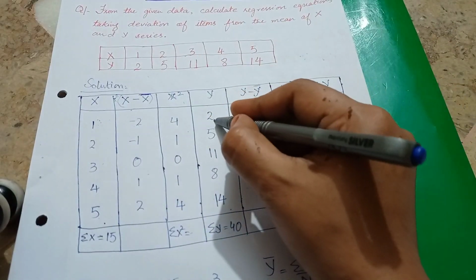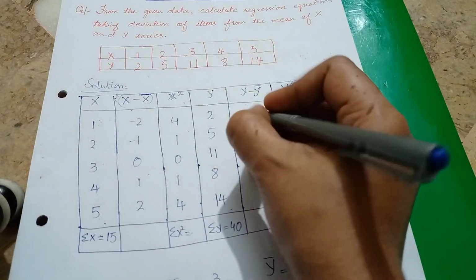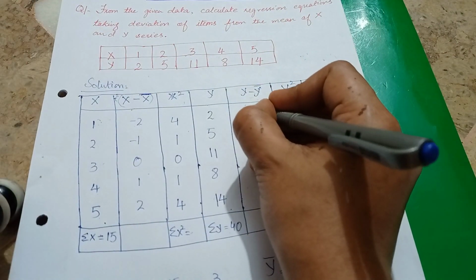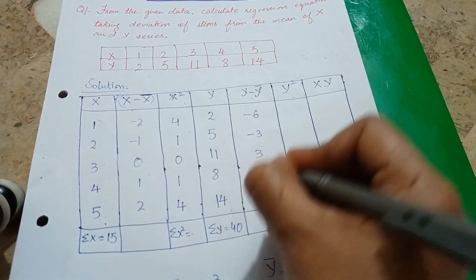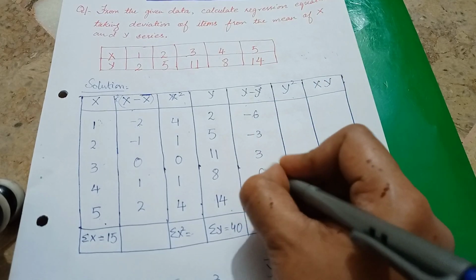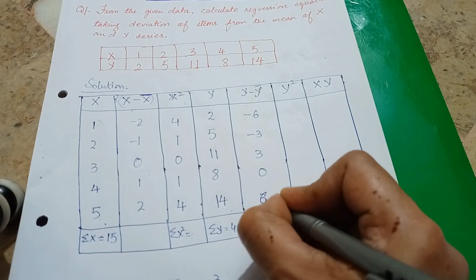Likewise here, 2 minus 8 will be minus 6, minus 3, 3, 0, 6.